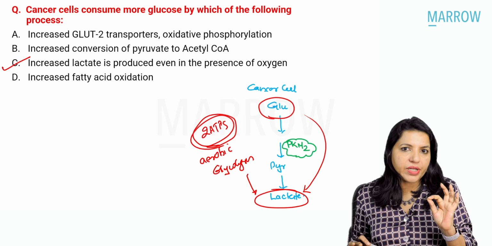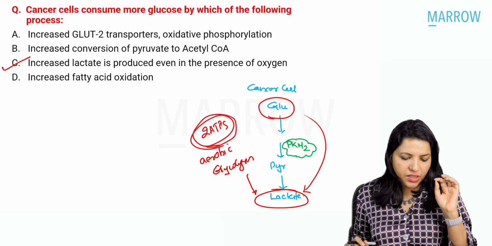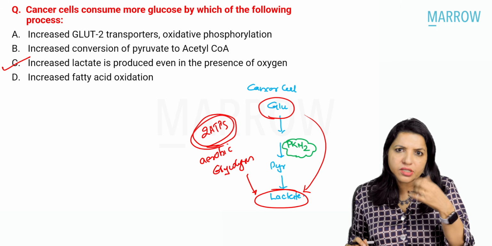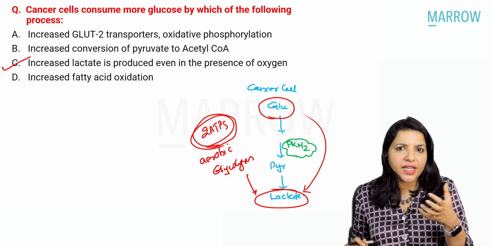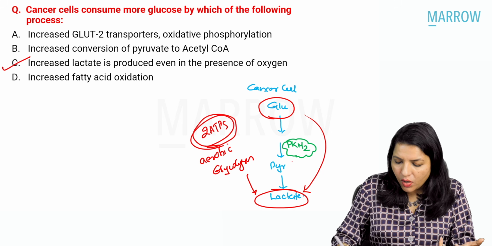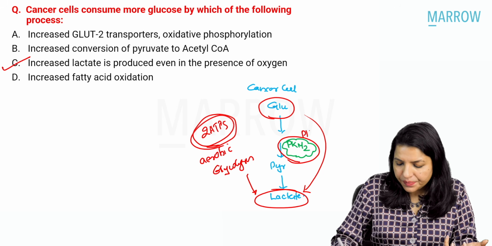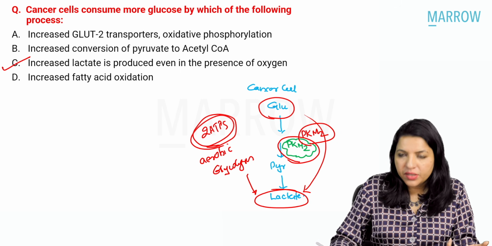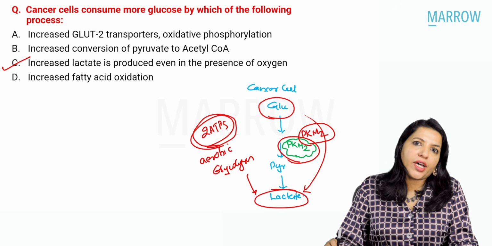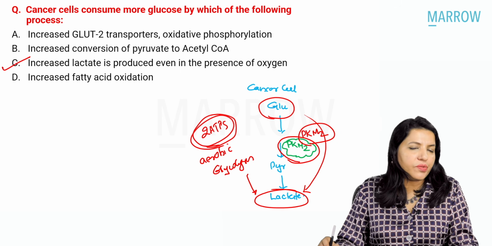That happens in a normal cell. So from these options, C is the answer. If that is not there, if there is something like metabolic reprogramming or presence of an isoform of pyruvate kinase called PKM2, this is the exact reason whereby glucose is converted to lactate in cancer cells.